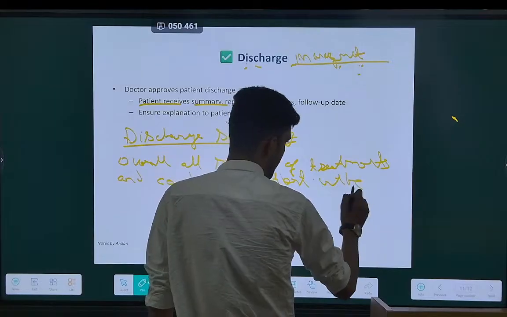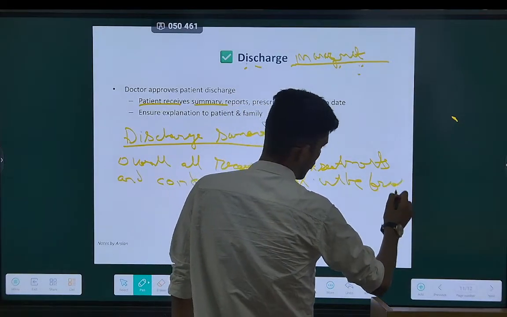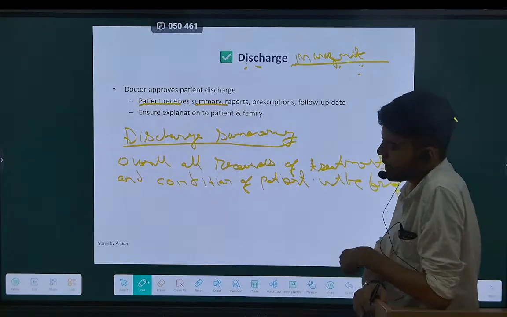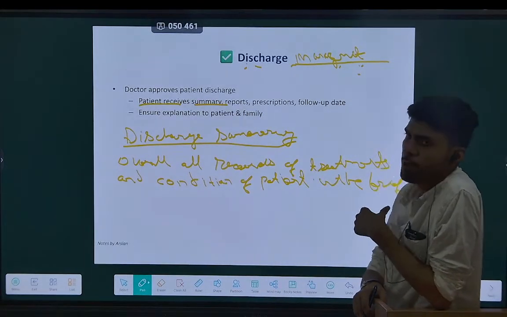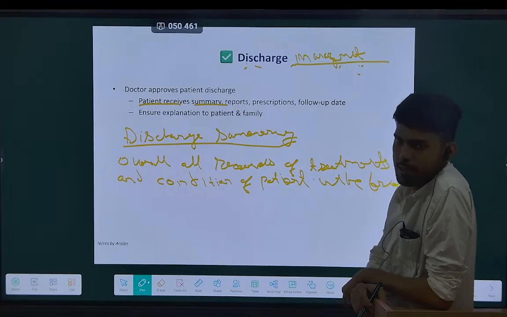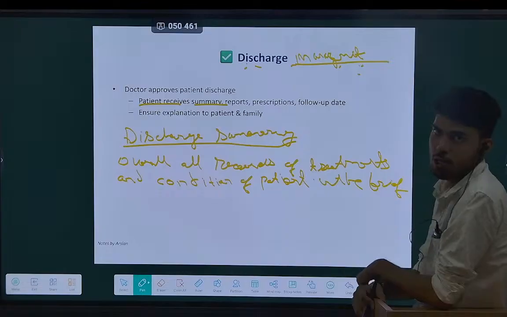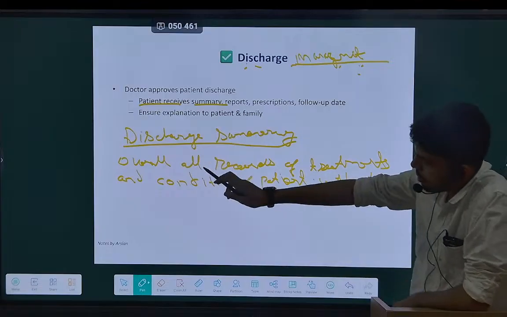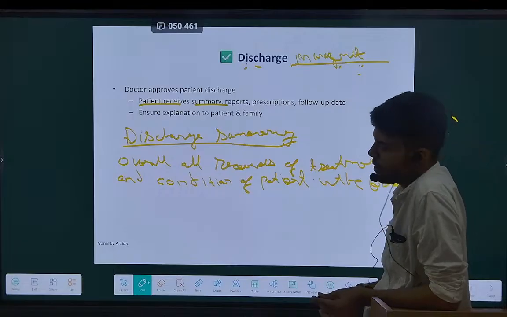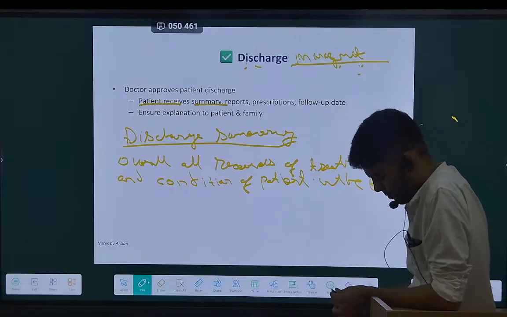It's not a complete detail like the reports made during patient transfer, but this report is a summary of it. From the time the patient came to the hospital to the time he exits, everything that happened with the patient is written there in short.